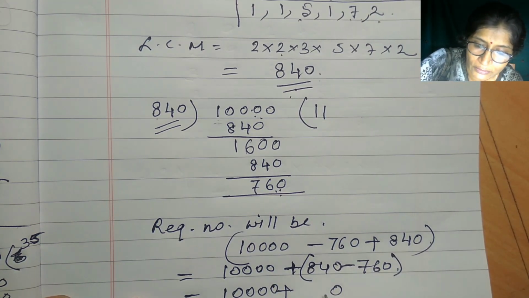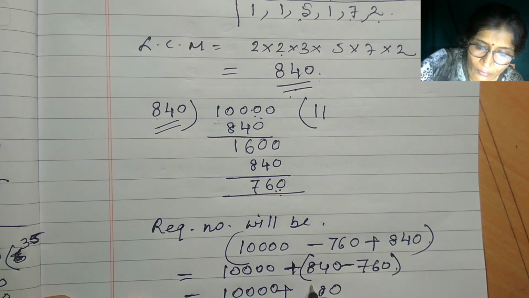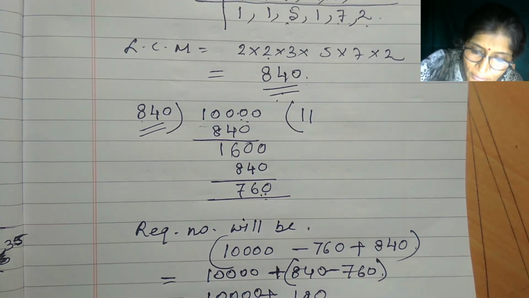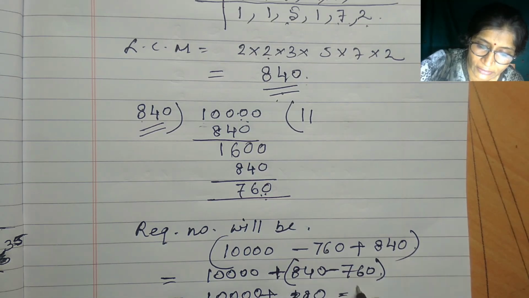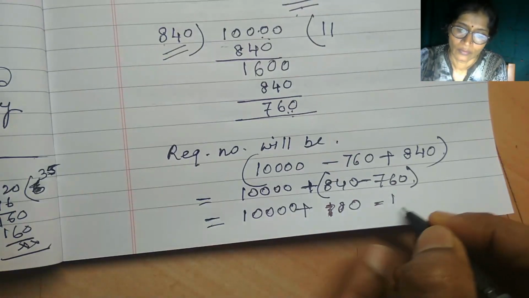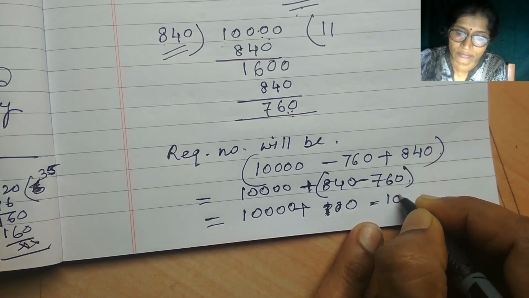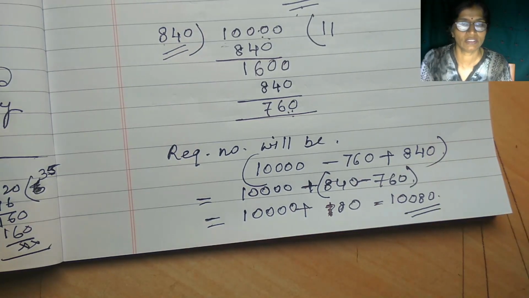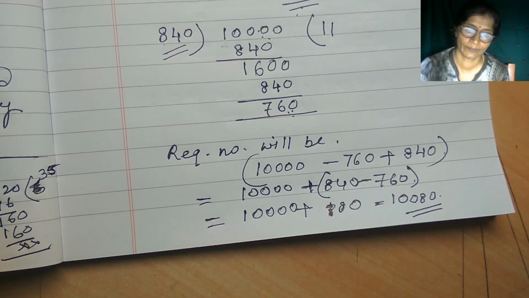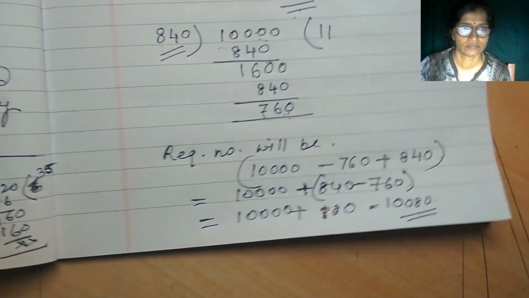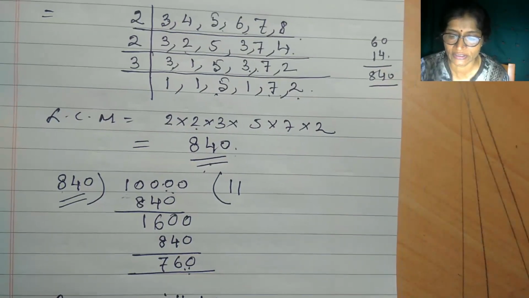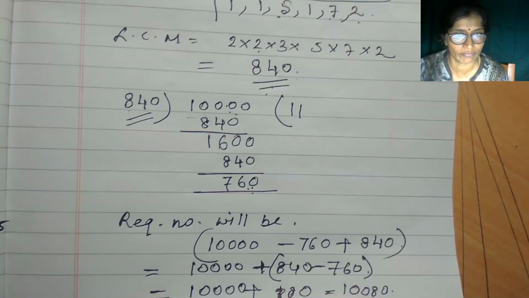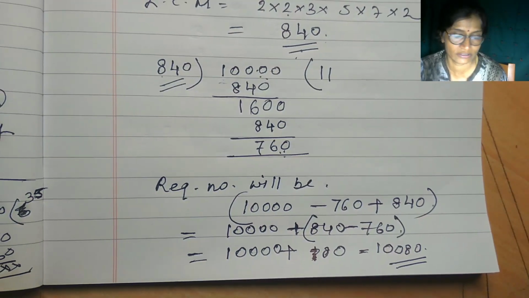80 only. So that is equal to 10080. So this number is divisible by all these numbers, and this is a 5 digit number, 1 2 3 4 5, and the least 5 digit number.